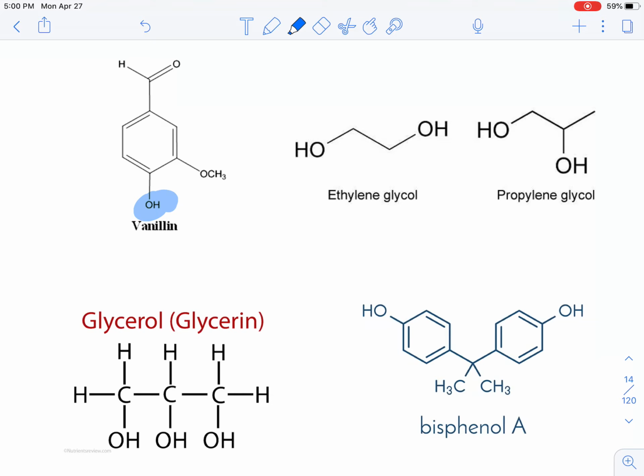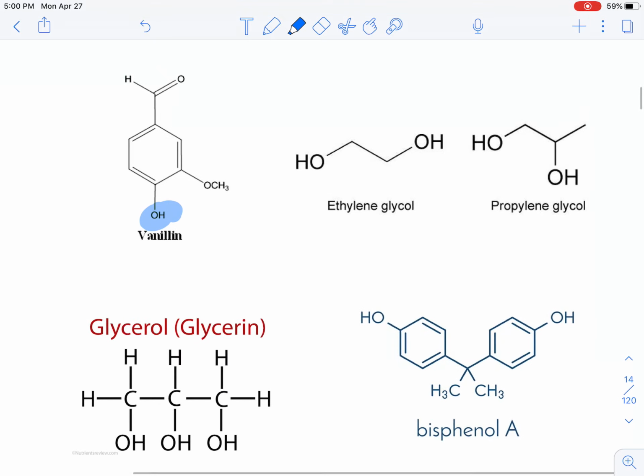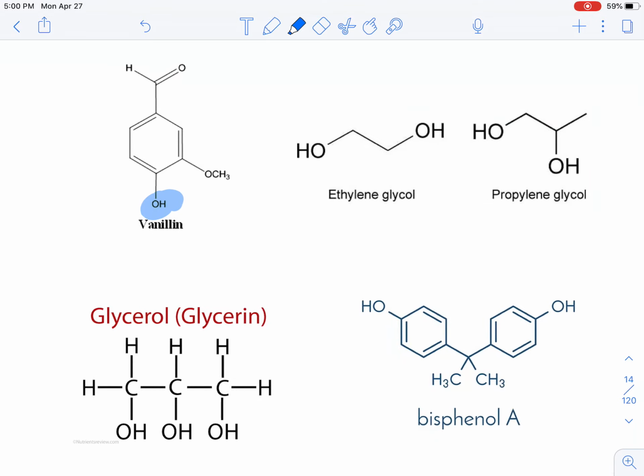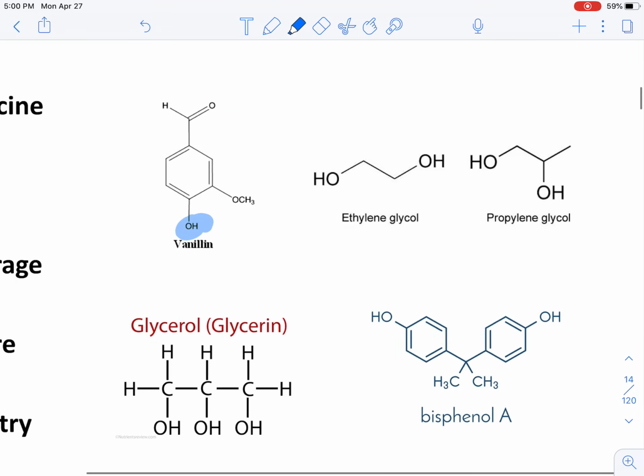Vanillin was a structure that I introduced to you guys when we were talking about benzenes or aromatic compounds. So we also see another alcohol functional group, or a hydroxyl functional group, in this organic compound. And so most organic compounds have either one or a combination of other functional groups. It just really depends on that specific organic compound.